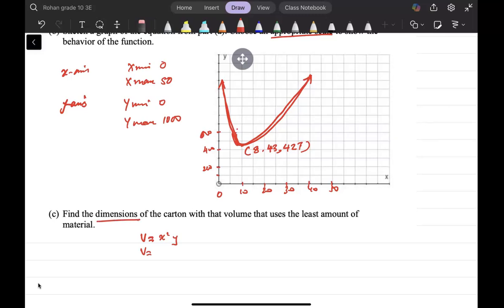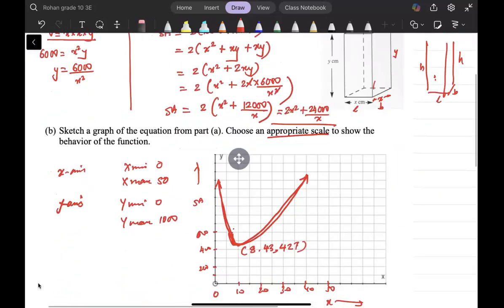Find the dimensions of the carton. So your x means your length will be how much? Length will be 8.43 centimeters. Breadth will be 8.43 centimeters, the square base. And what will the height be? 427? No, 427 is the surface area. Height will be your y value, which is 6,000 over x squared.